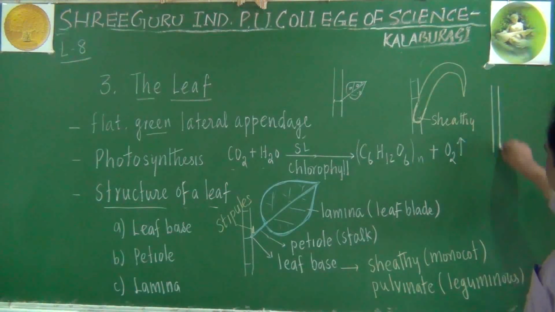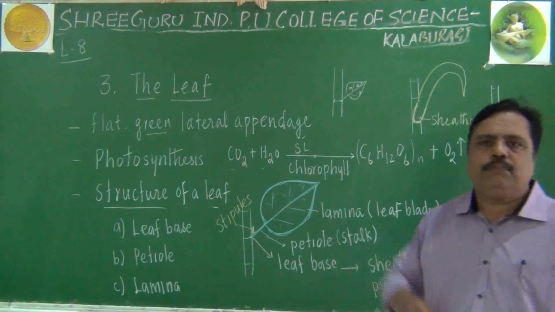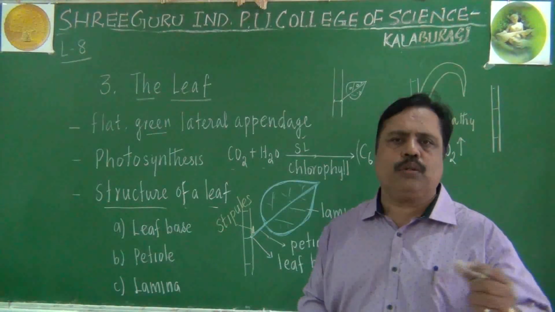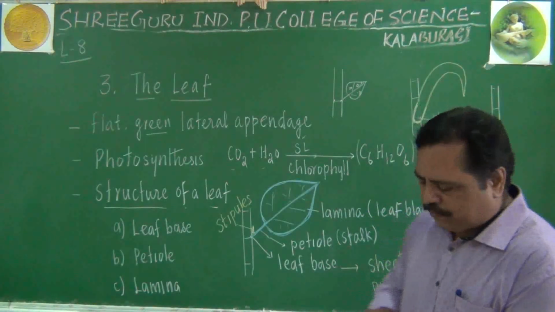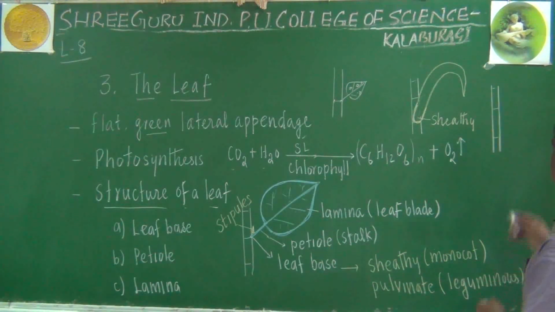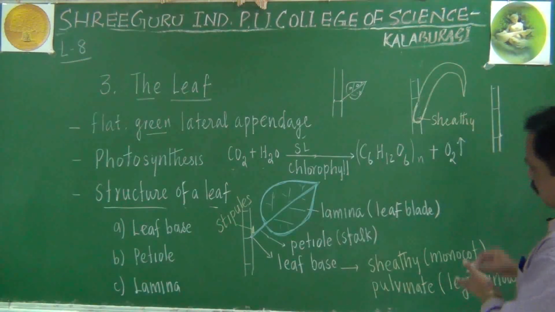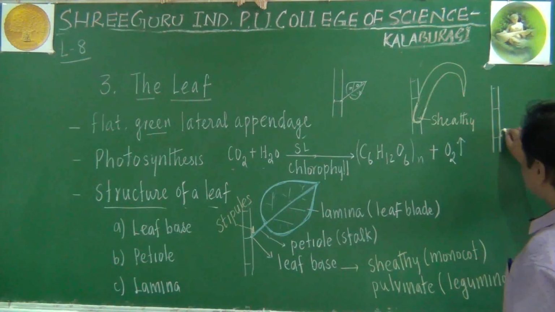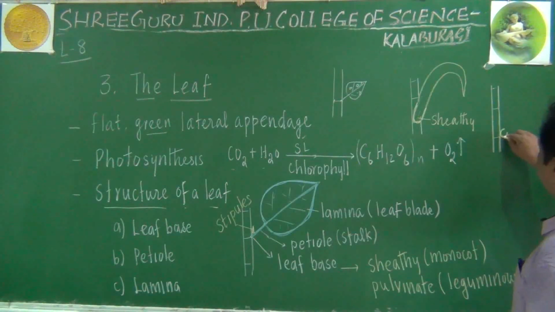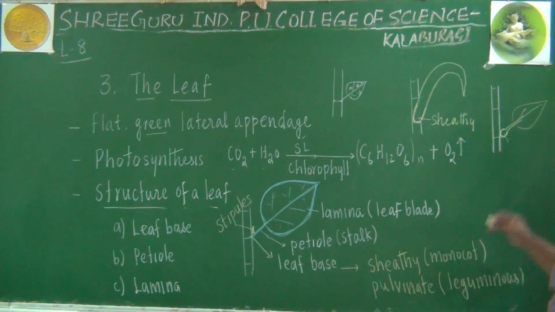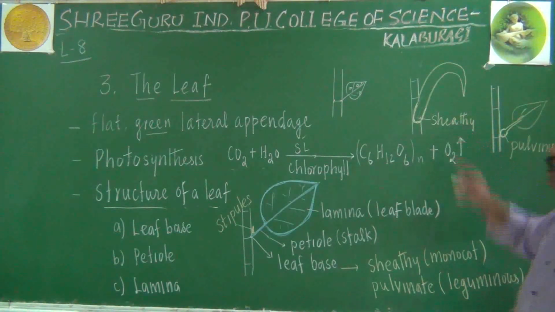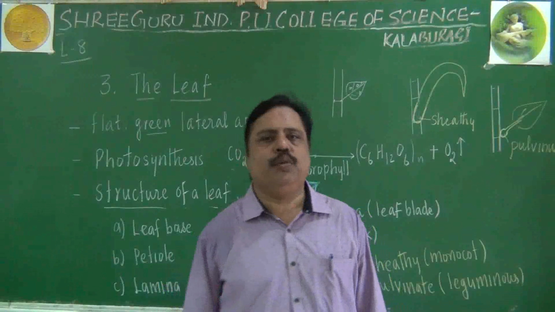Imagine this is the stem where nodes and internodes are there in the pulses, grams, tur dal and other dal varieties, where you can see the leaf base with a swollen structure like this. There will be a swollen structure at the base of the petiole, then the petiole will be there, then the leaf will be like this. This swollen base is called pulvinus. So you should know the difference between pulvinate and sheathy leaf base.